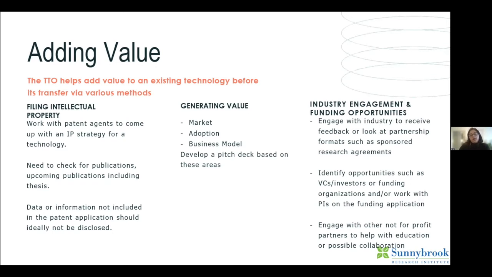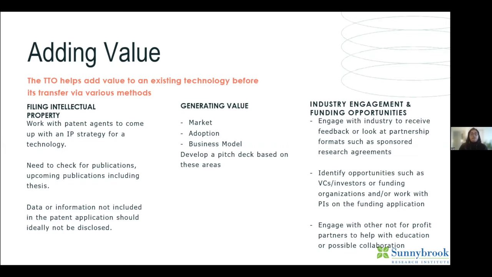And then also looking at industry engagement and funding opportunities. Your tech transfer office can help engage industry in various ways. It can be for a service contract, where we just work with them with their compounds, or whatever their technology is. We don't own any IP, but maybe it helps us gain some insight into the technology space and what we want to do.